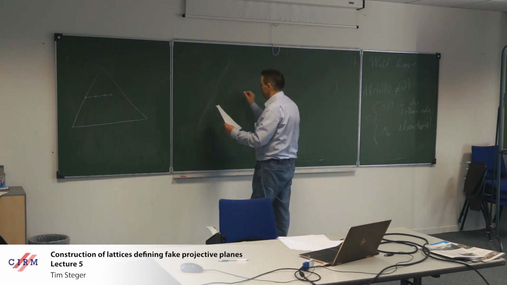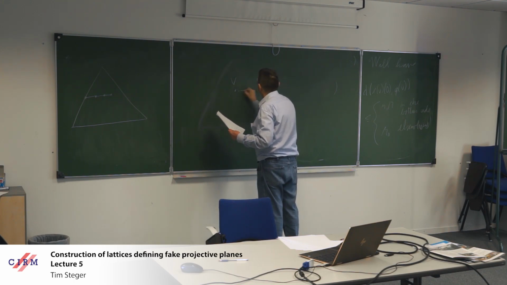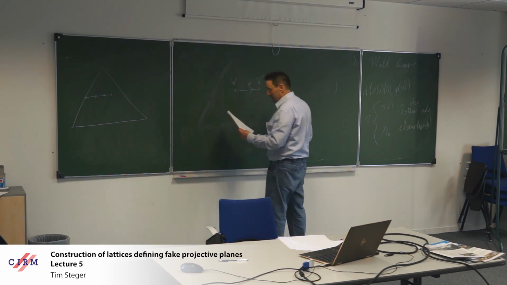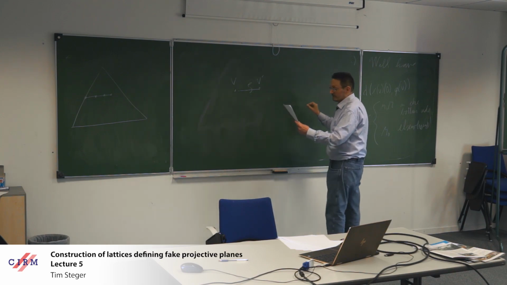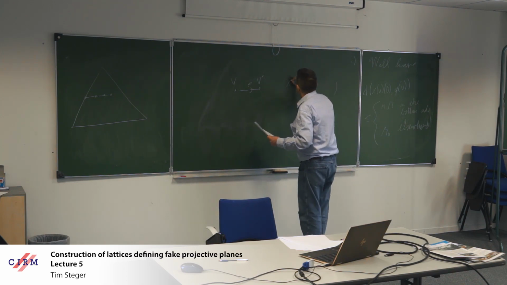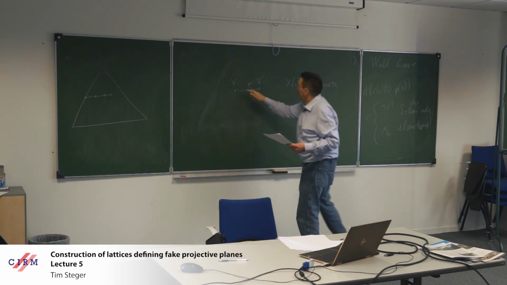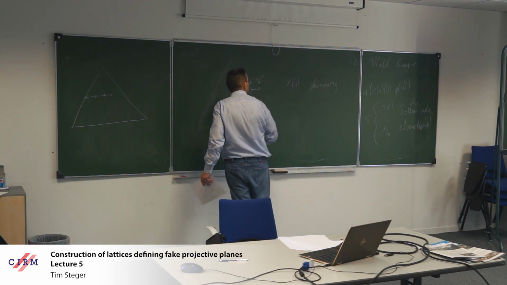Supposing that we have V here and V prime there and this edge here, we have that x of V is given, known, and we want to calculate x of V prime.